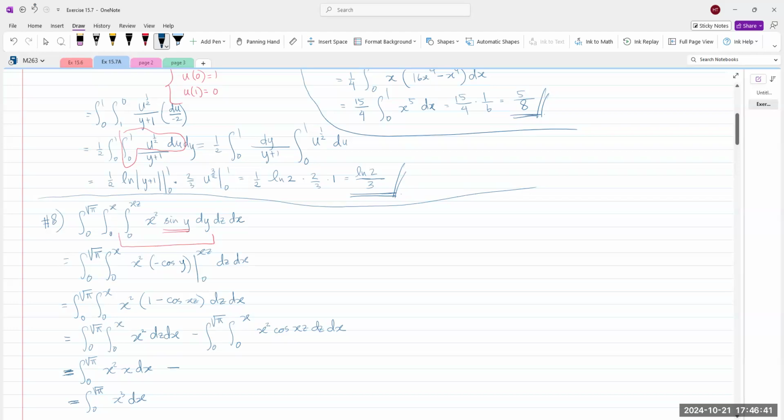Minus integral, if I do u substitution, u equals xz, then du equals x dz. And u at 0 will be 0, u at x will be x squared.